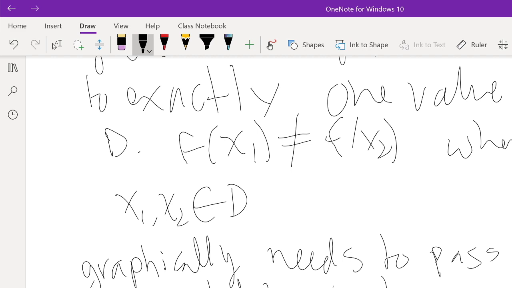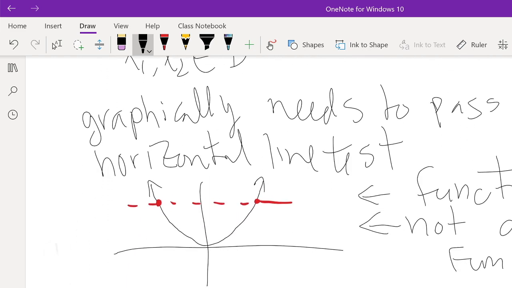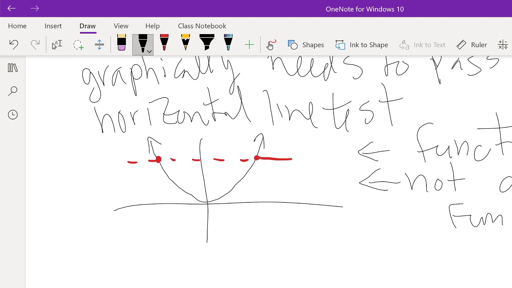A one-to-one function would look something like our basic cubic function, where it looks something like this. It's definitely a function and passes the vertical line test, but it's also a one-to-one function.